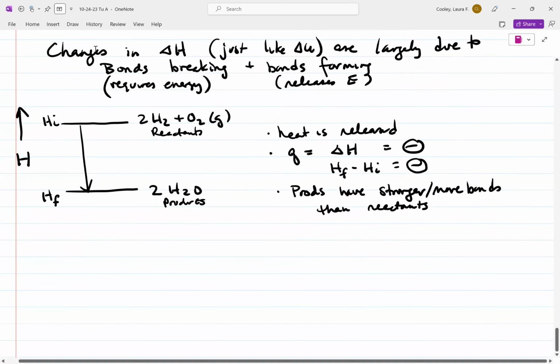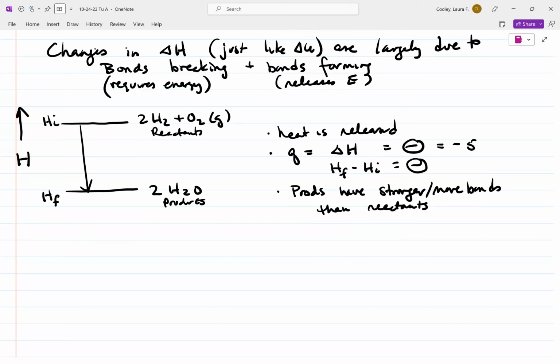Now, a lot of times this type of information is given along with what this delta H is. For this reaction it's minus 570 kilojoules.